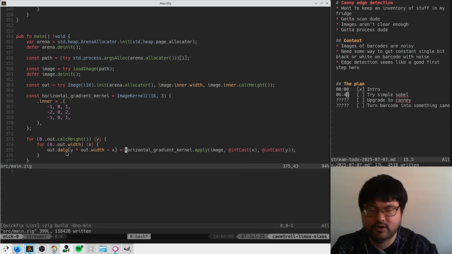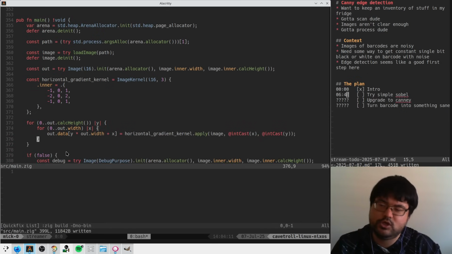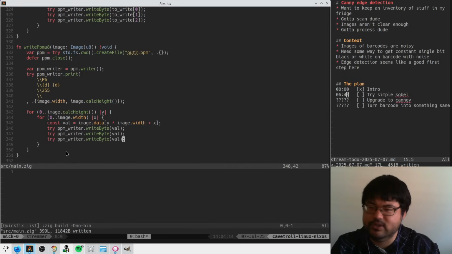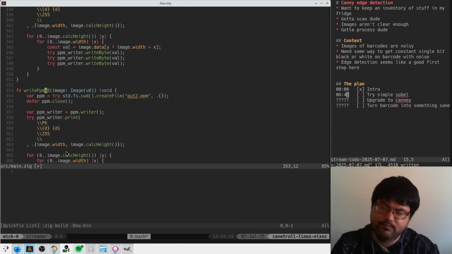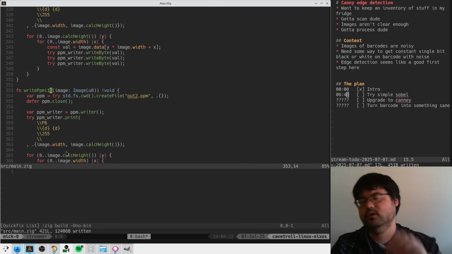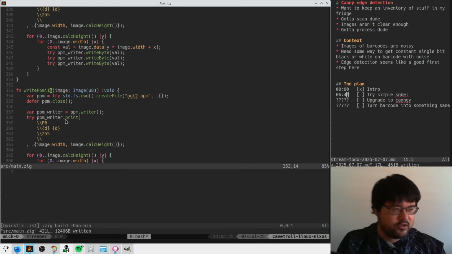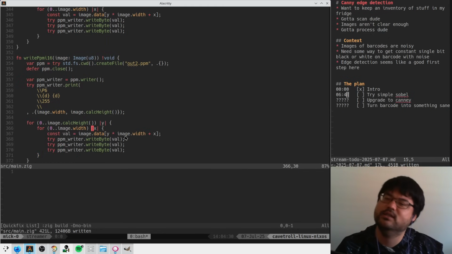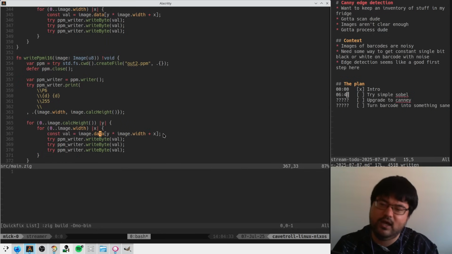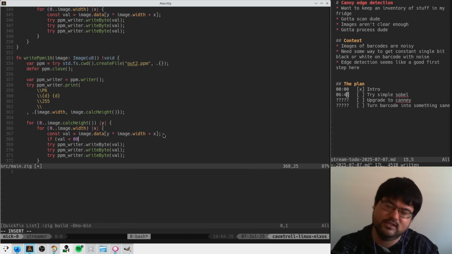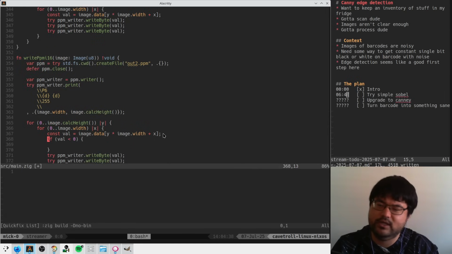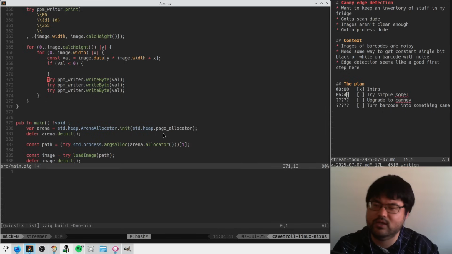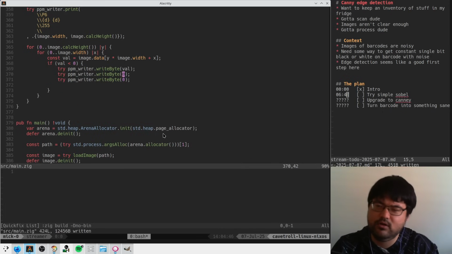Can we just do this? I think so. So this should give us something, and we need to visualize this output somehow. So can we do write ppm? Let's make an output file of i16, and let's color left direction as red and right direction as blue. I think that makes sense. So let's say that we have this guy, and if val is less than 0, let's write red and then 0, 0.